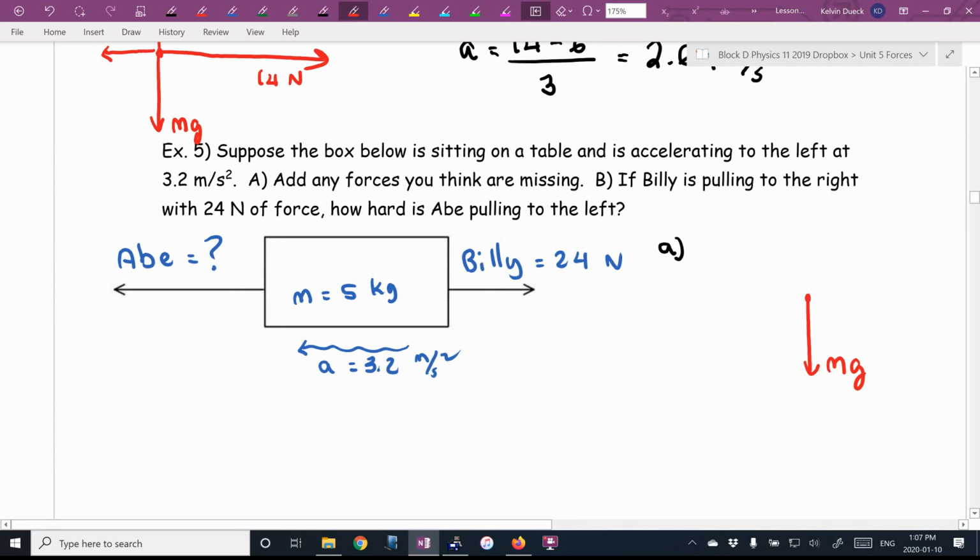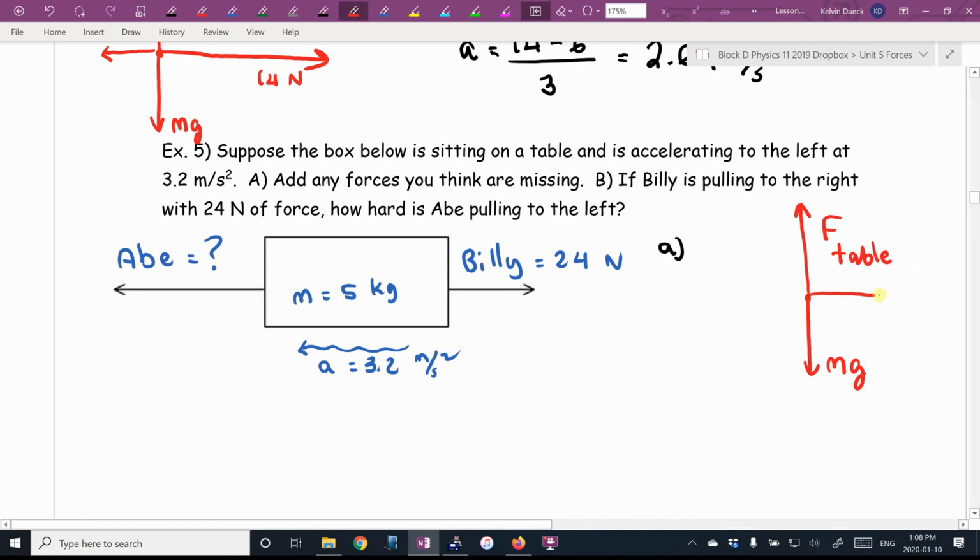Is the box sinking into the table like quicksand? Is it flying to you like Superman? By the way, we will eventually be doing questions where things are sinking or flying into the air, and it'll be a fairly simple tweak if we do good free body diagrams. But for now, I think I can say the table is pushing up with the same force as gravity.